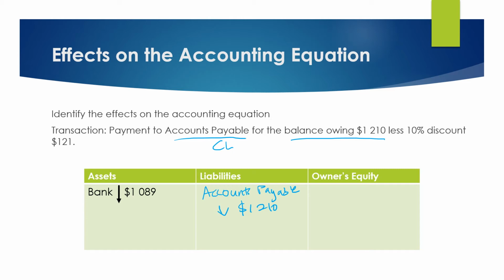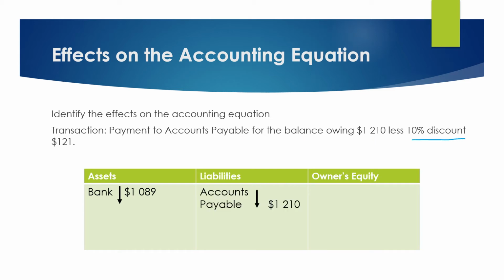Now remember, $1,210 was the full amount owing to the accounts payable. Therefore, after making this payment, we no longer owe this liability of $1,210. That is why the accounts payable is decreasing by the full amount, $1,210.